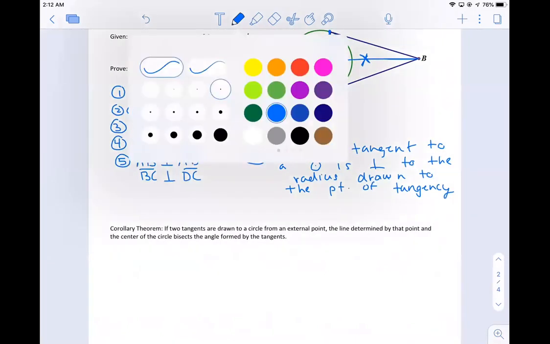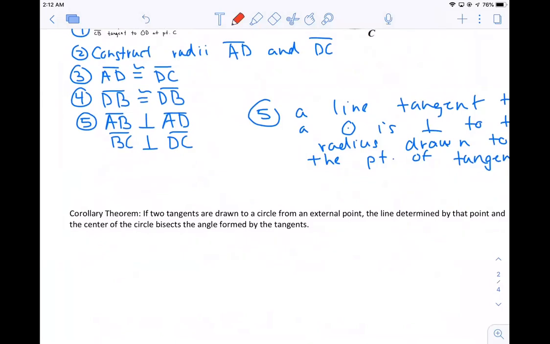All right, a lot to write out. First time we've used that theorem, of course.